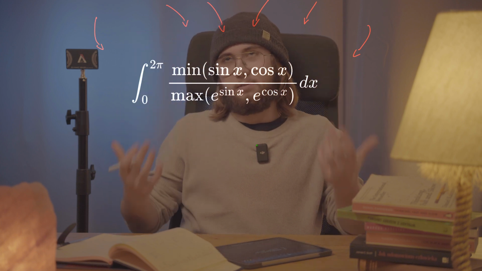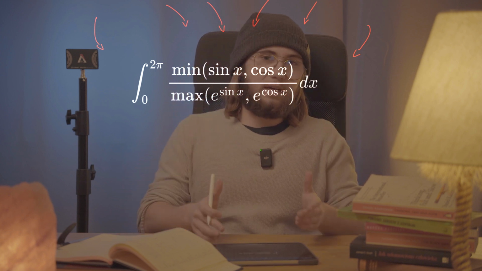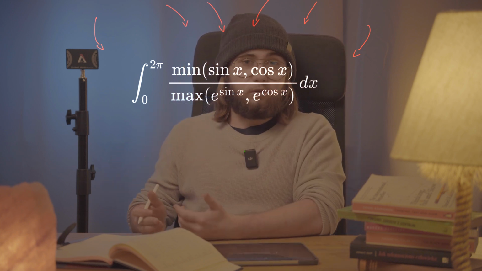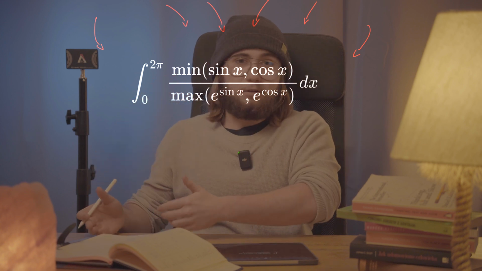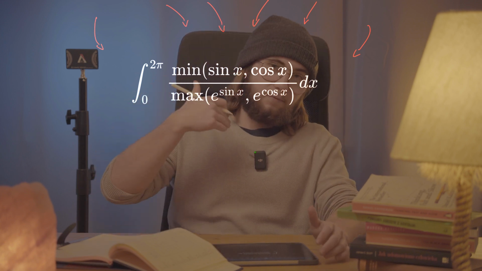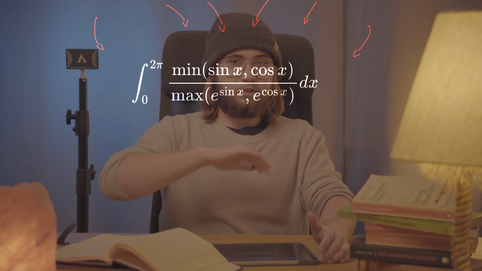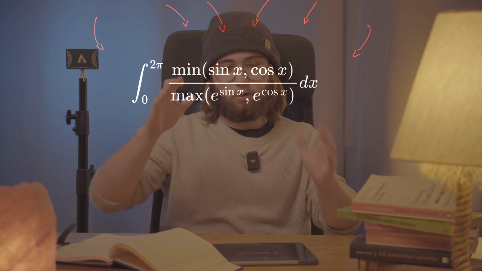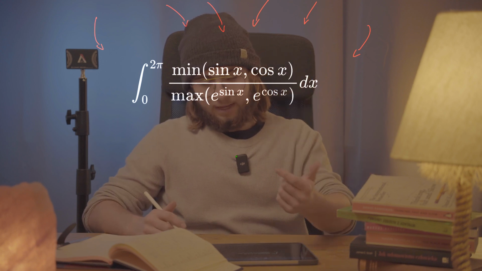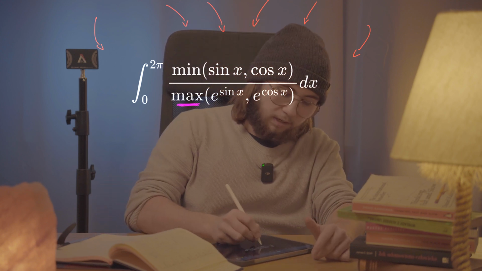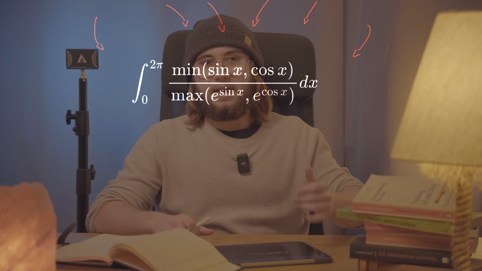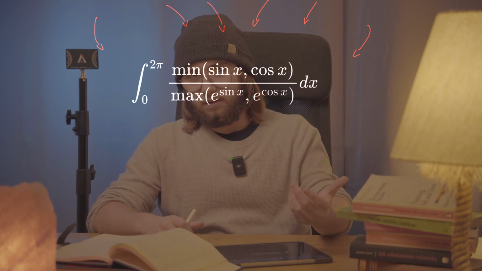Yeah, so if there is an interval, let's say, on which sine is smaller than cosine, then this function will give us the sine, yeah? And its graph is going to be just this part of the sine graph on this particular interval. On the other hand, this max function right there stands for maximum, and it gives us the bigger guy, yeah?